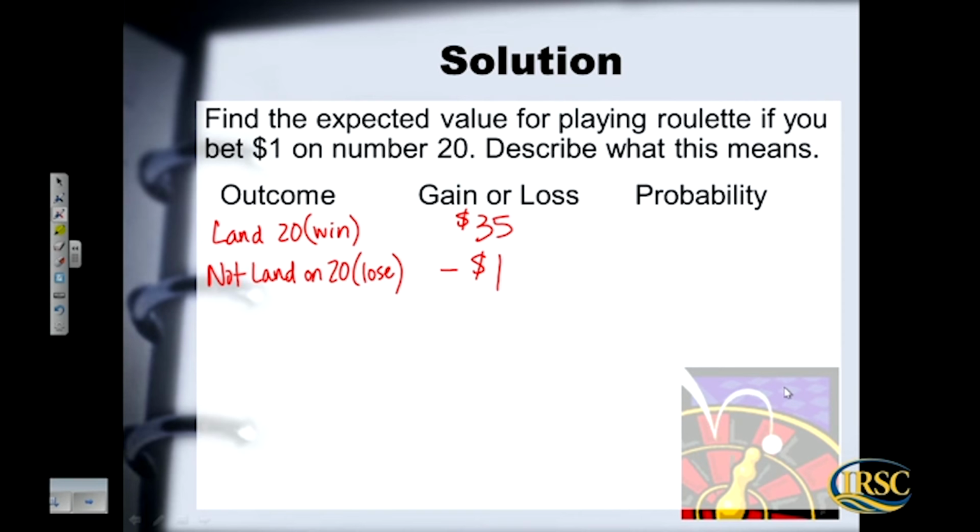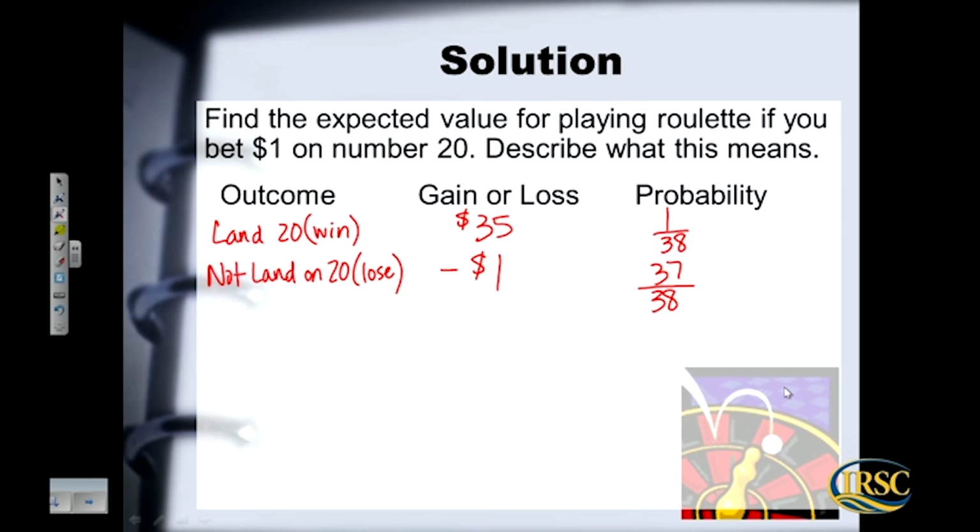So there's only one 20 on there out of 38. So what's the probability that you don't land on 20? 37 out of 38, right, because there are 37 slots that are not the number 20 out of a total of 38 possible outcomes.